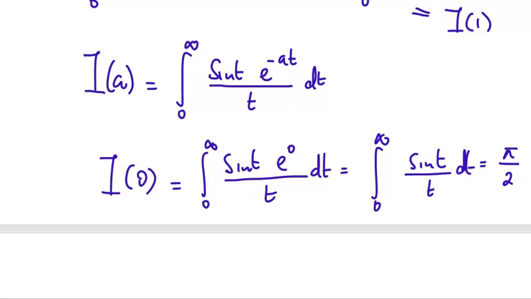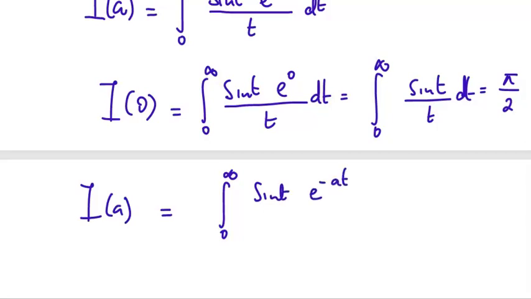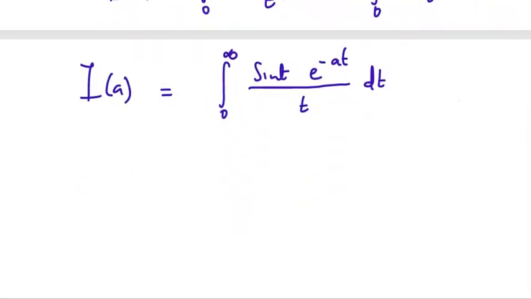Okay, that is cool. We have here I of a is equal to the integral from 0 to infinity of sine t times e raised to the power of negative at divided by t, and then dt. Now we're going to differentiate with respect to a. At the left hand side, it will be I prime of a.